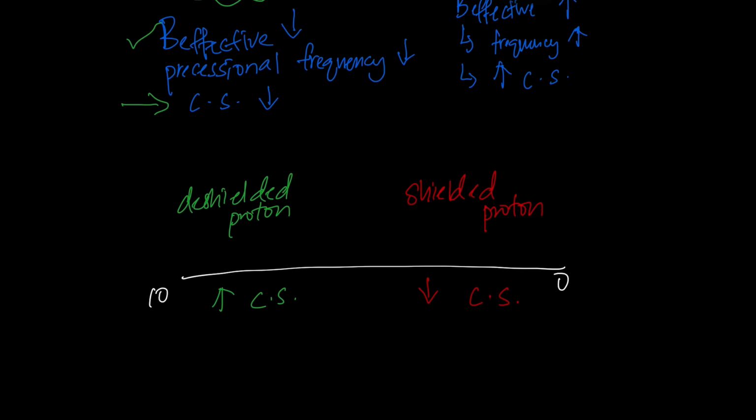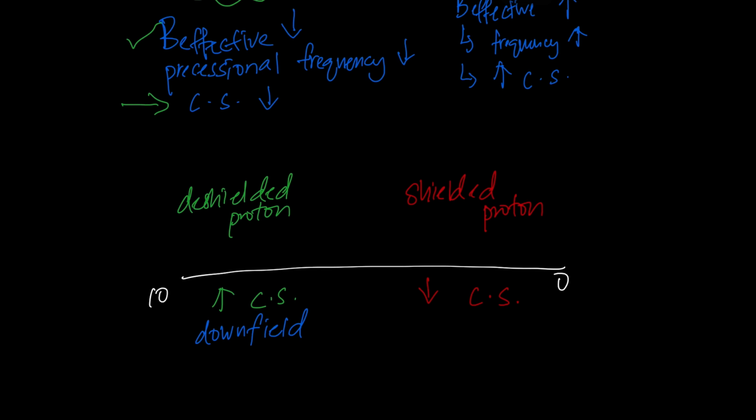And here I would like to introduce another term to you, which is downfield and upfield. The proton with a high chemical shift value, the de-shielded proton, is also said to be downfield.